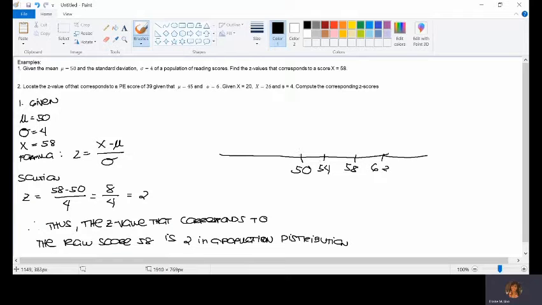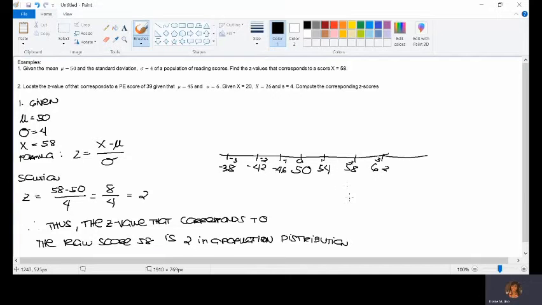So this will be your 1, 2, 3, and 0. On the left side of your mean, that is 46, 42, and 38. That is your negative 1, negative 2, and then negative 3.